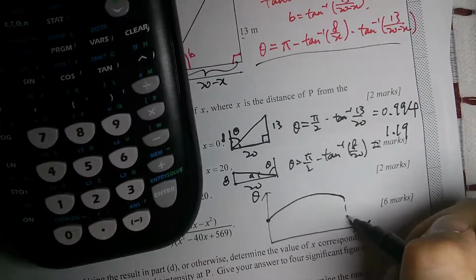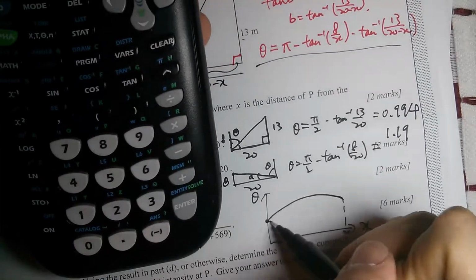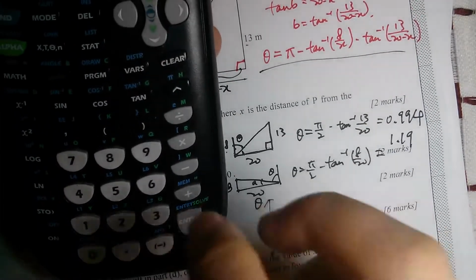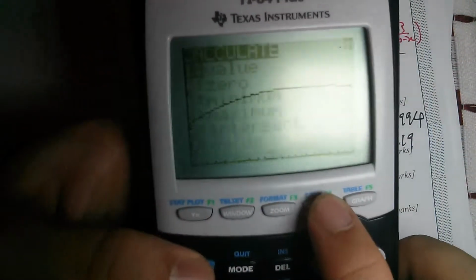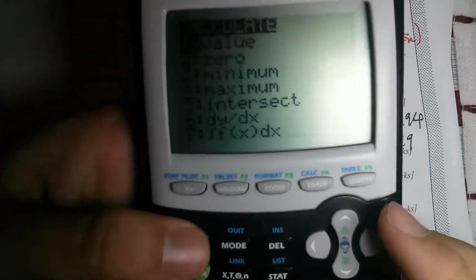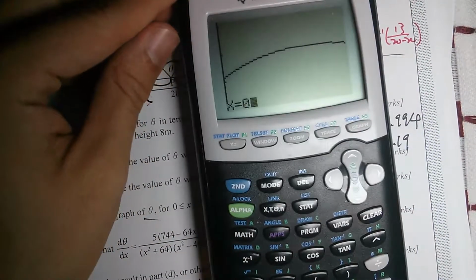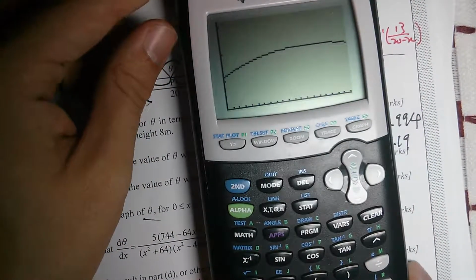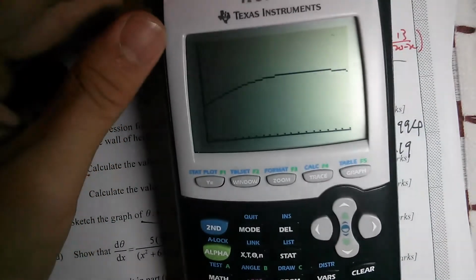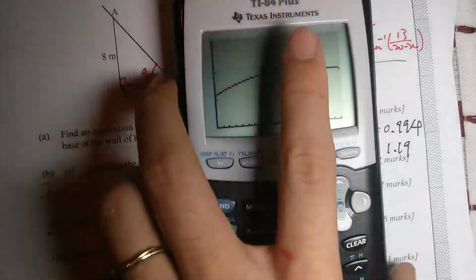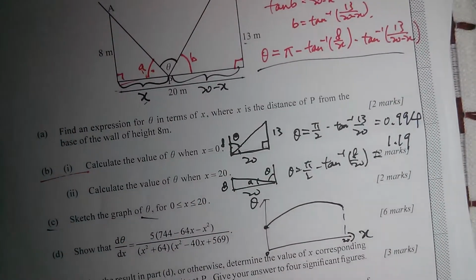B, this is 20. Maybe we would find this. We can calculate when x is 0. Never mind, it's probably useless.